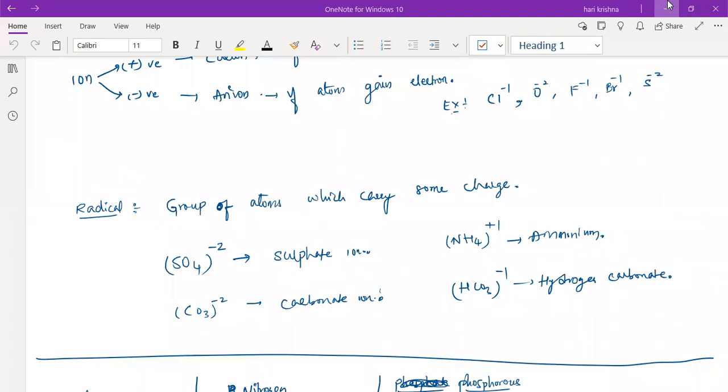Okay, can you tell me the elements present in group number 13? Shreyasi. Sir, I remember it only up to like 15.